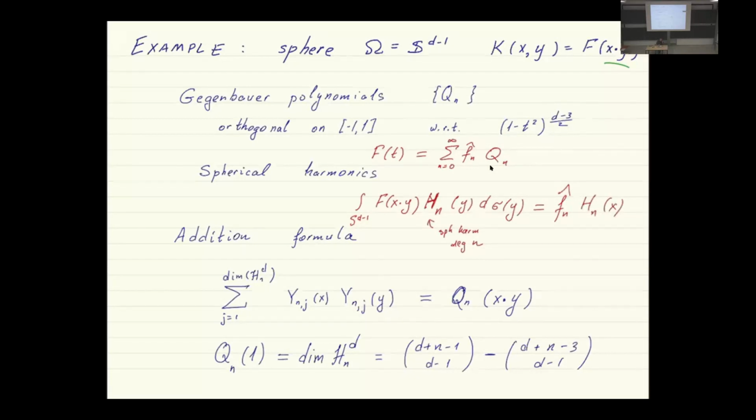So spherical harmonics are eigenfunctions; this is known as the Funk-Hecke formula.